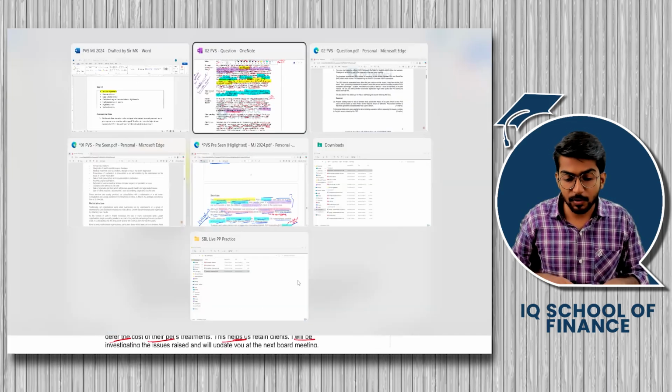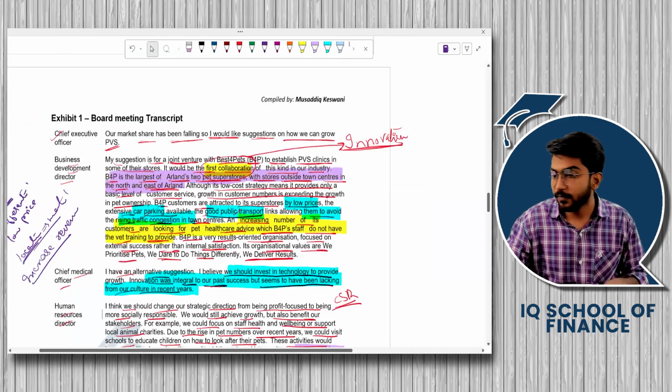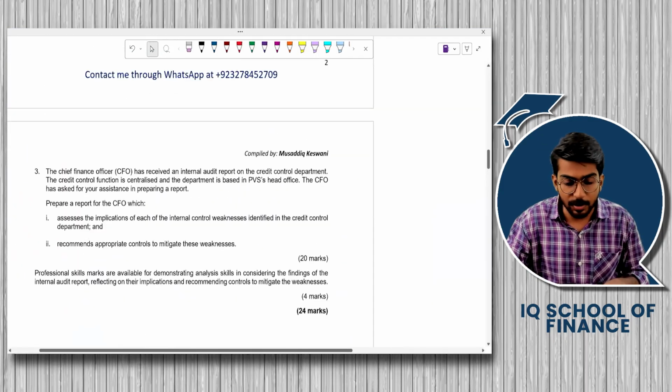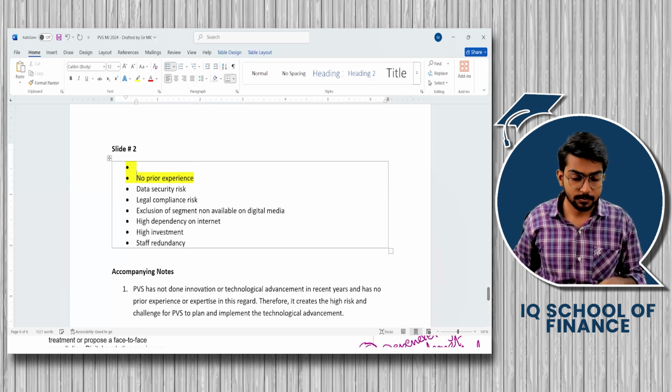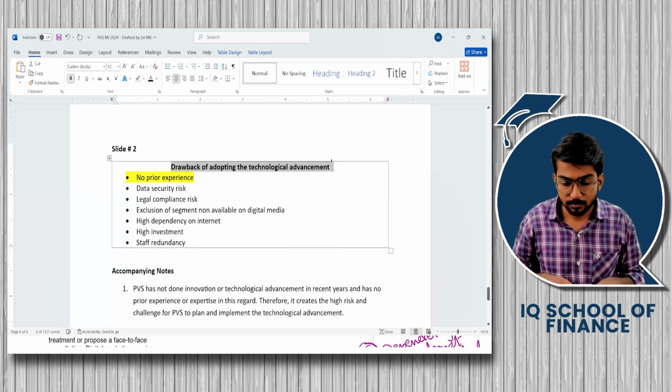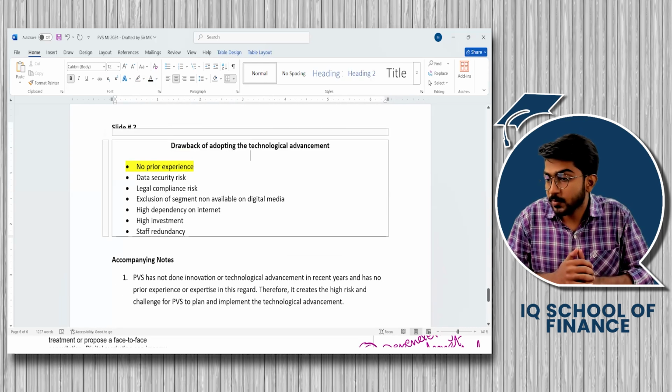Okay. So have you guys drafted the answer? I have not received any of the points in the chat. Good point, Hera. Good point. Prior experience. PVS do not have any prior experience with the technological aspect, and sudden change would mean that you will need to require expertise to innovate, which will lead to higher risk and loss of investment. Good point, Sneha.